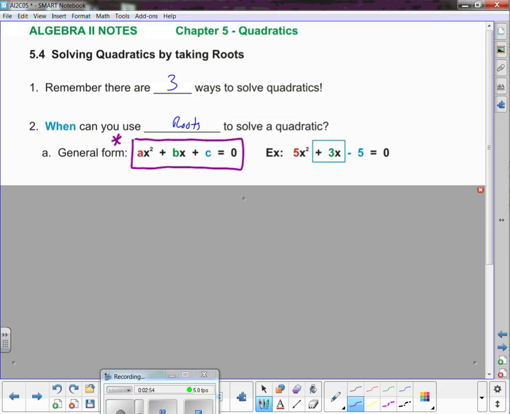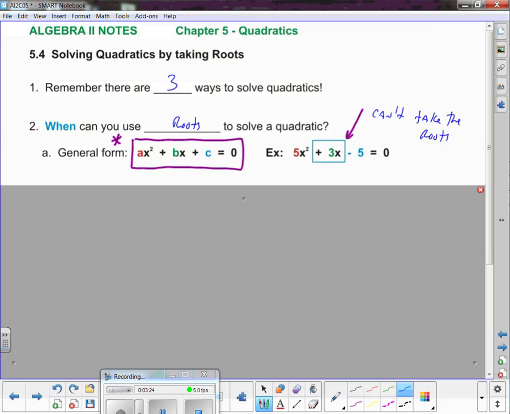Well, if you look to the right, now we have a quadratic equation in that general form. In this situation, in the box, I have the positive 3x in the box. All right, so this is the term to the first power. When this is there, you cannot take the roots.